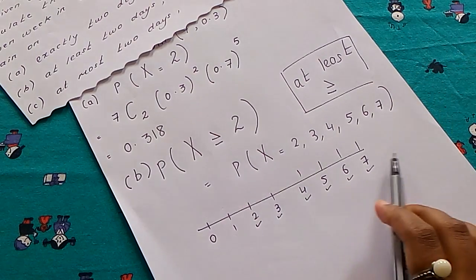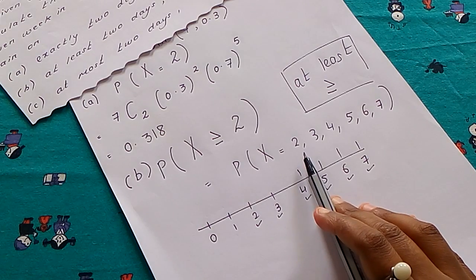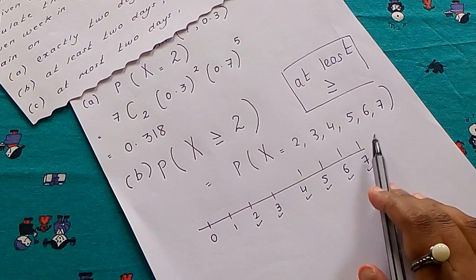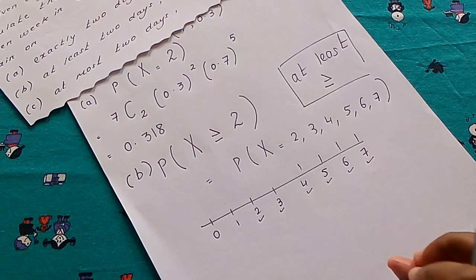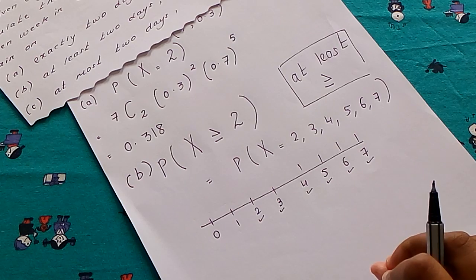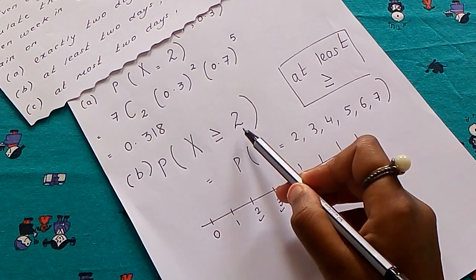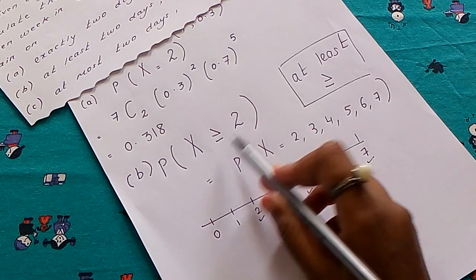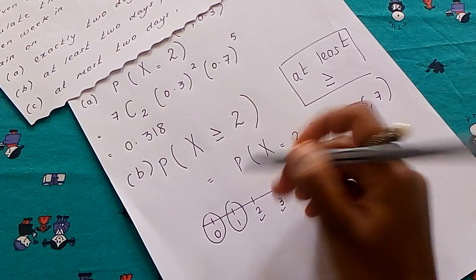Now, this is a longer process. Instead of adding all the probabilities for X equal to 2, 3, 4, 5, 6, 7, we can simply subtract the probabilities that do not include greater or equal to 2. So what are the two values that do not include greater or equal to 2? We have only 0 and 1.